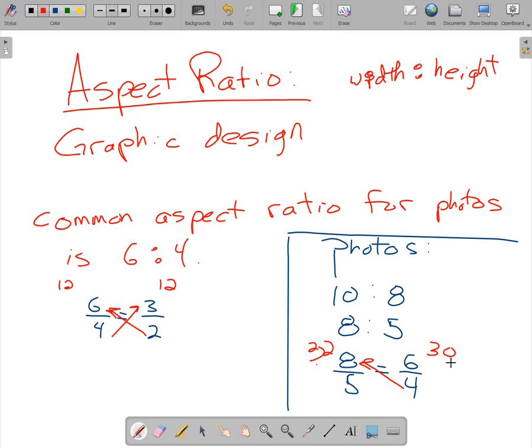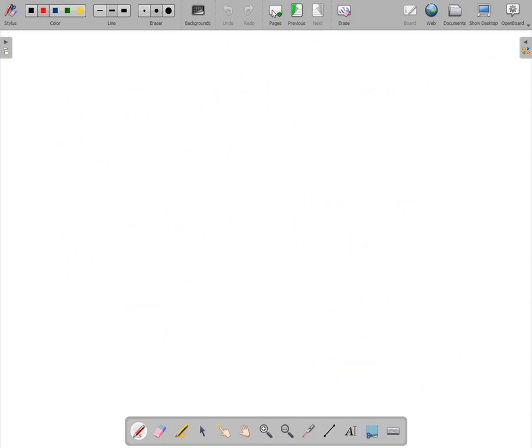All right, so let's see, what time is it? 43. All right, actually I want to go over one more thing and then we'll do an activity. So we'll come back and play with some more ratios. We're going to move away from ratios for a second to percents.